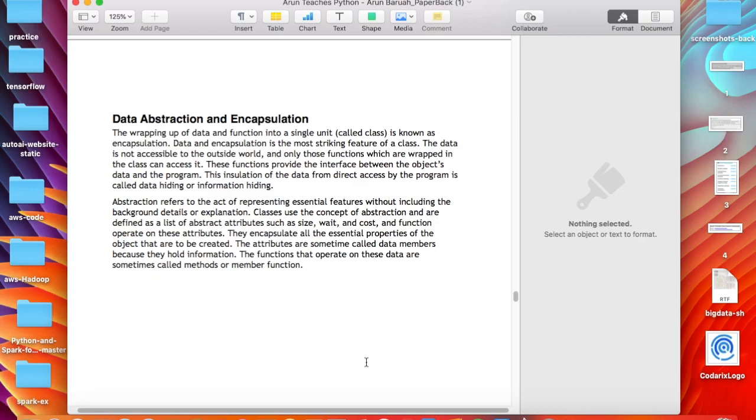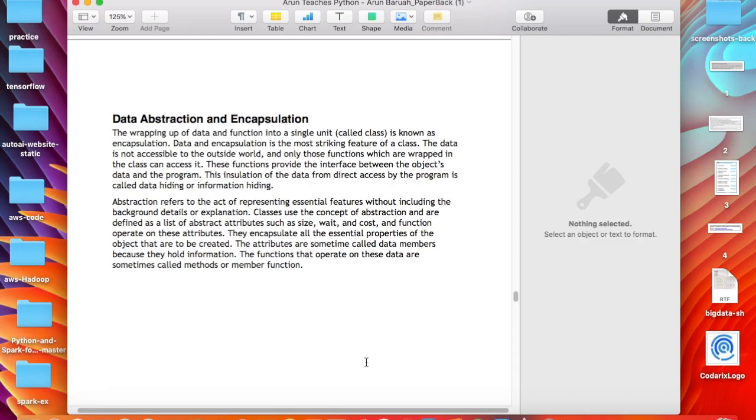Classes use the concept of abstraction and are defined as a list of abstract attributes such as size, weight, cost, and the functions that operate on those attributes. They encapsulate all the essential properties of the object that are to be created.